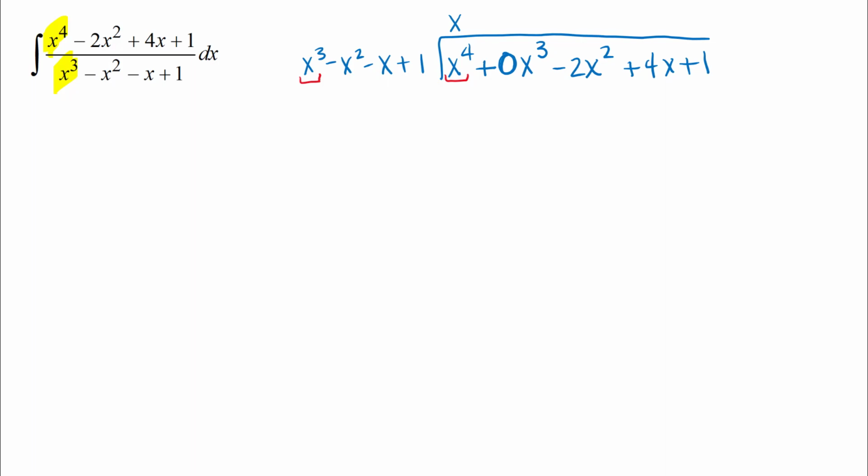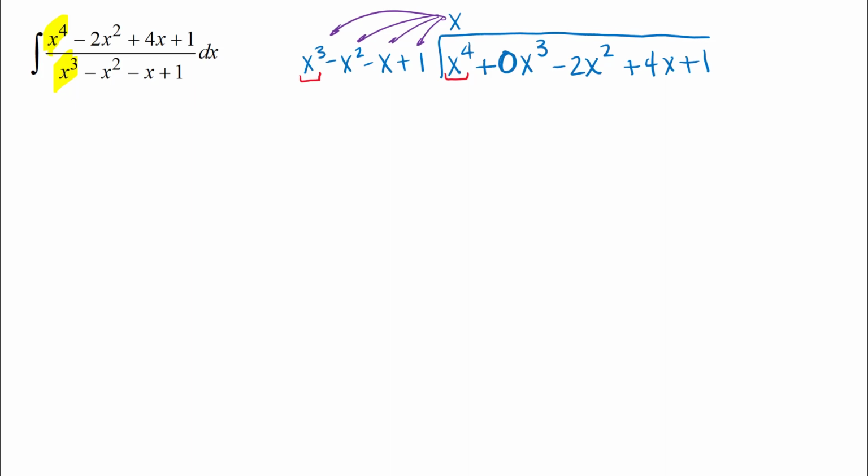But then to do the long division, I have to distribute that x through to all these terms out front here. So when I do this long division, I focus on the first terms to figure out what goes there, but then I have to distribute through. So I'll have x to the 4th, and then minus x cubed minus x squared plus x. So all that came from just distributing x through times the polynomial that was out front.